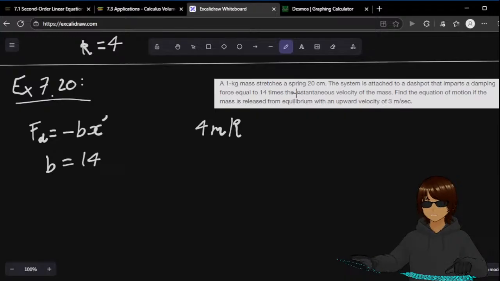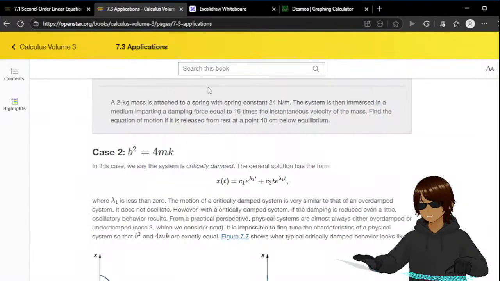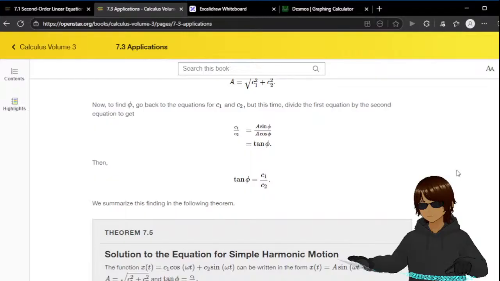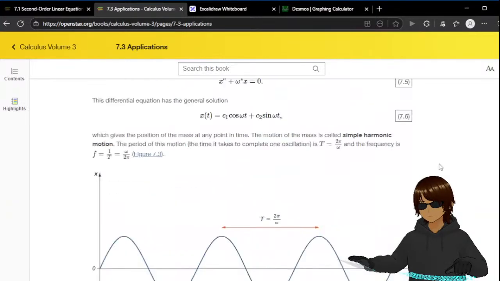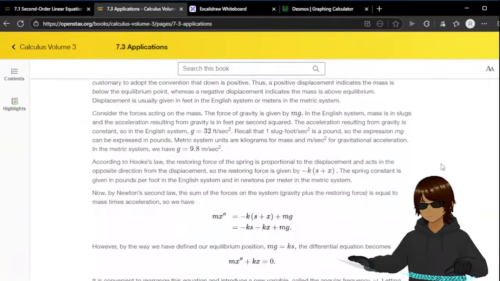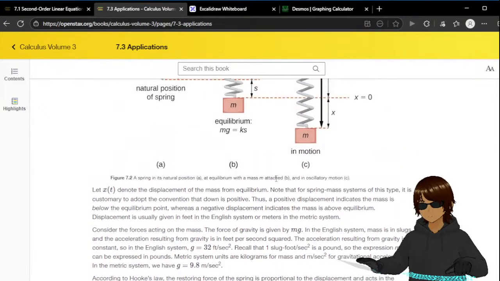Spring mass. A 1 kg mass stretches a spring 20 centimeters. mg is equal to minus ks, right? Is it minus ks? Because ks is upwards and mg is downwards.